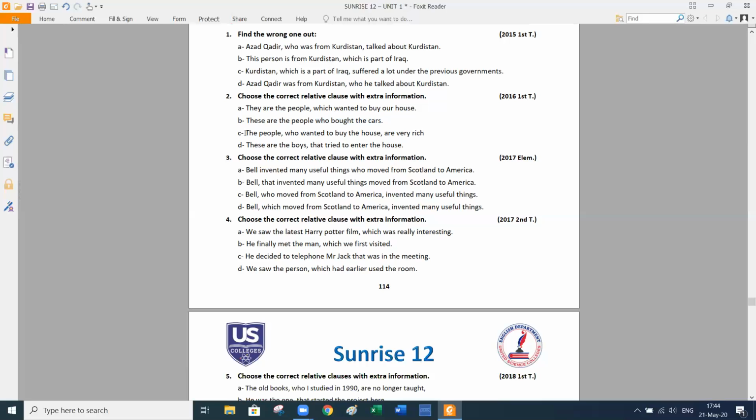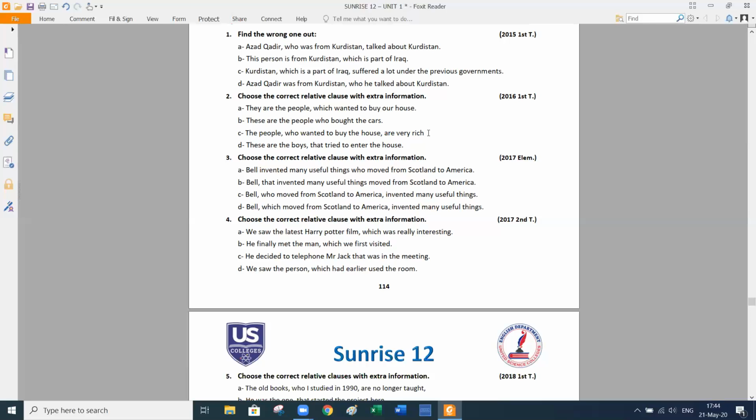Let's look at C. The people, comma, who wanted to buy the house, comma, are very rich. So according to the rules, the people, comma, who refers to the people? Yes, it comes immediately after the people, yes. Who wanted to buy the house, comma, and we continue the main clause, are very rich.